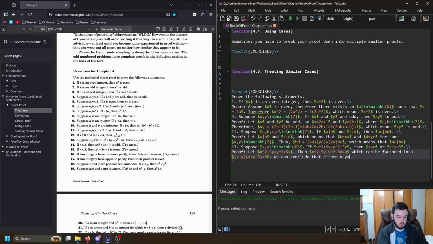either x minus y equals 0, which means that x equals y, or x plus y minus 5 equals 0.